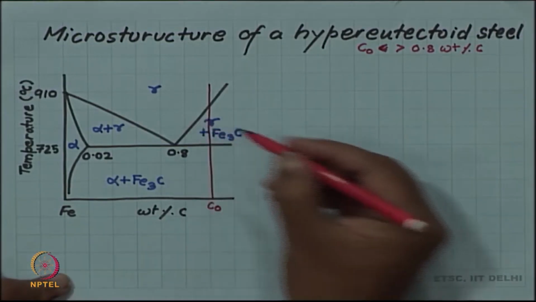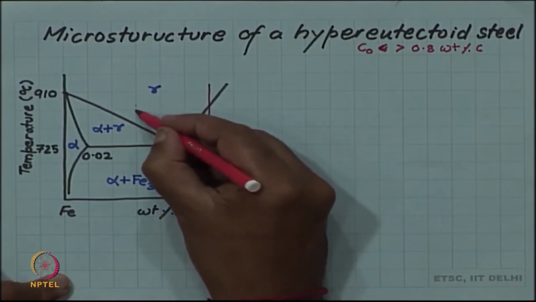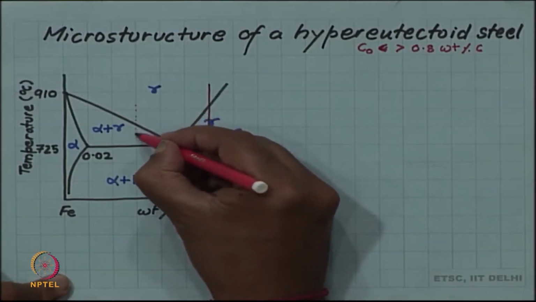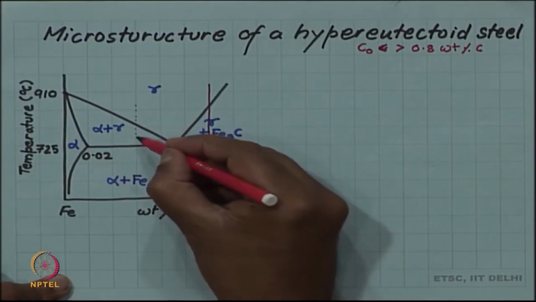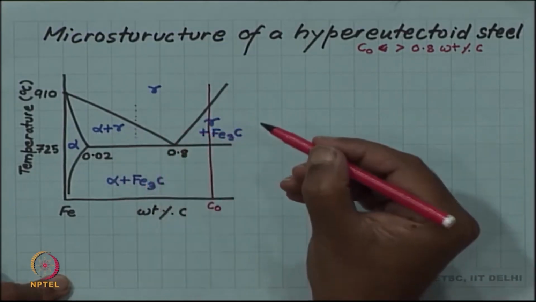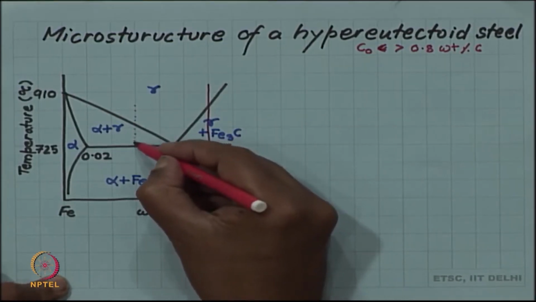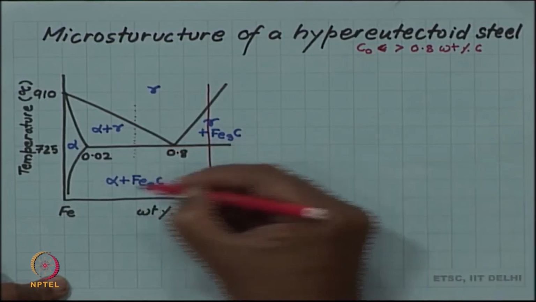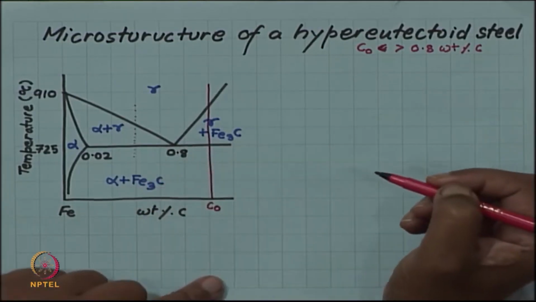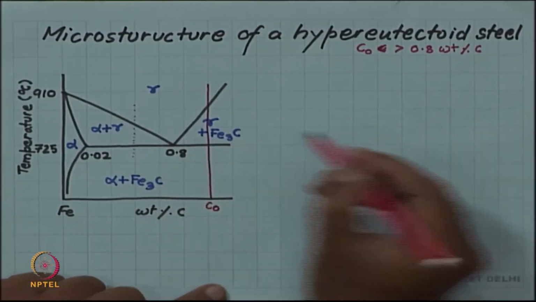We saw in the evolution of hypoeutectoid steel that austenite first became alpha plus gamma, which means ferrite first formed, and that ferrite we call hypoeutectoid ferrite, and then the remaining austenite transformed to pearlite, alpha plus Fe3C.